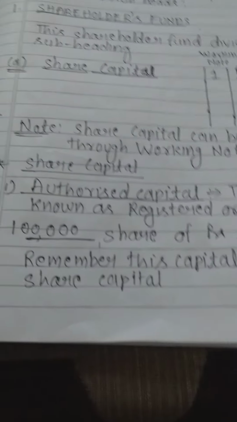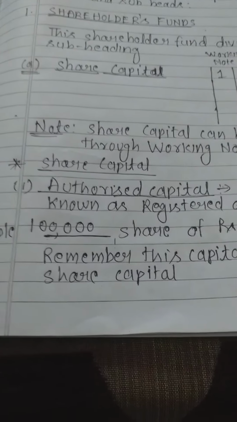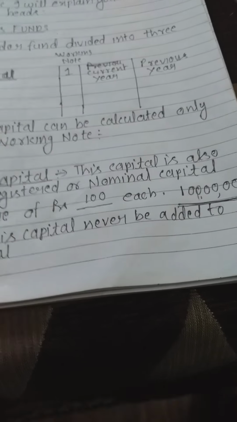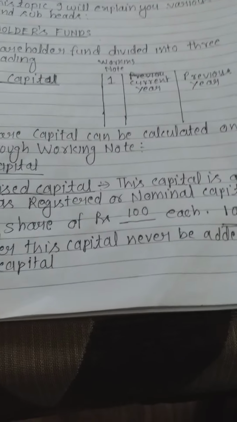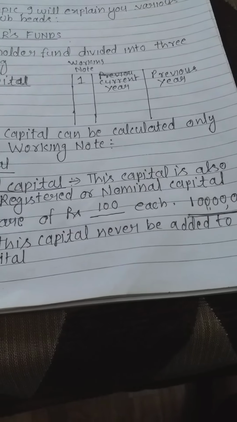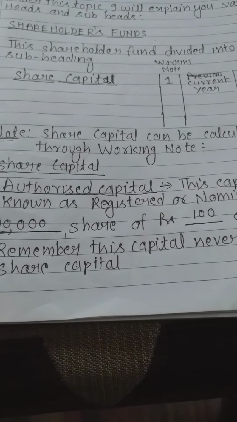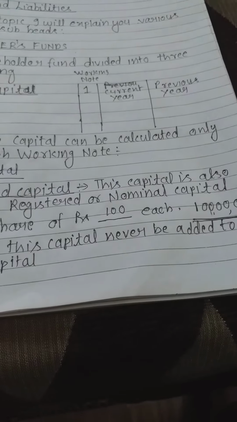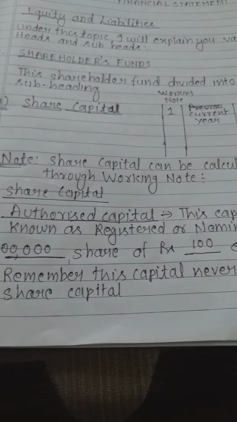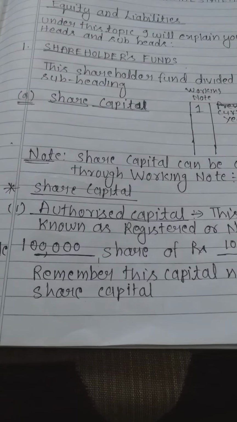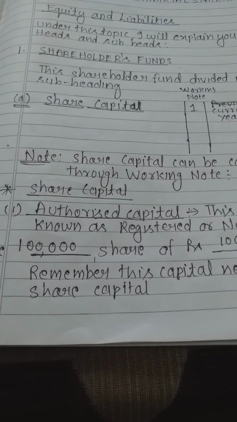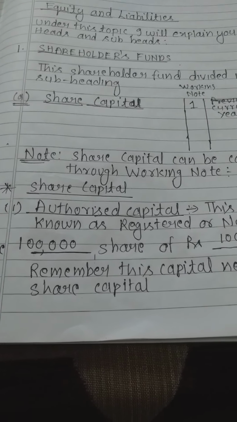See, share capital. The very first heading is authorized capital. Now, what is authorized capital? This capital is also known as registered or nominal capital. This is the amount of capital which a joint stock company is authorized for.